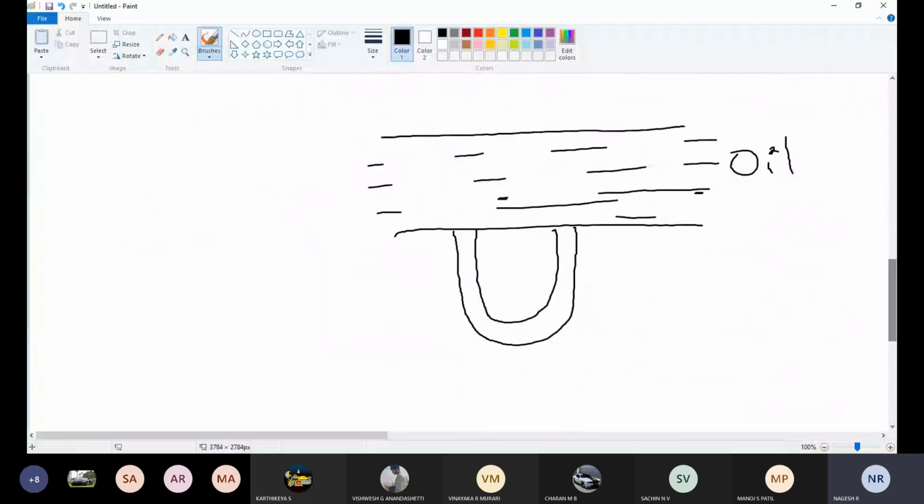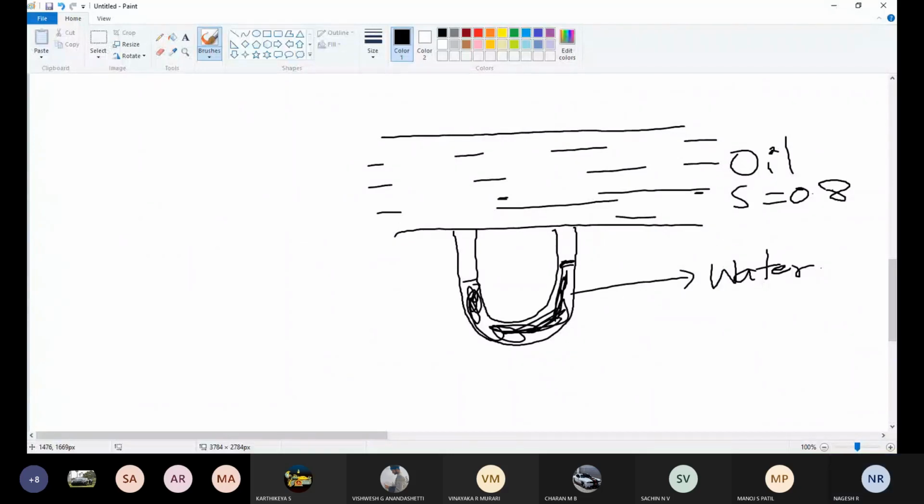In the manometer I have considered water. The specific gravity of the oil, just for reference, I will take as 0.8, or I will consider it as 1.8. And this is 1.